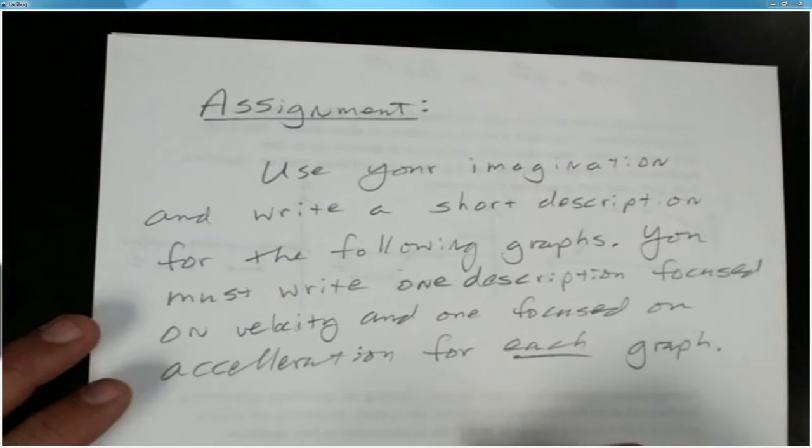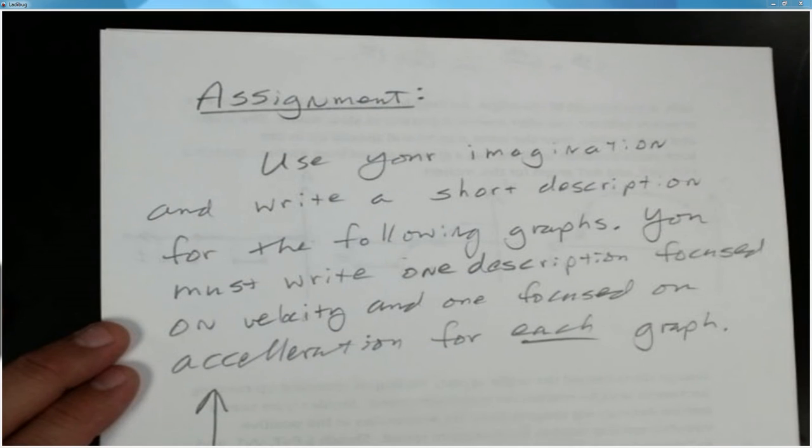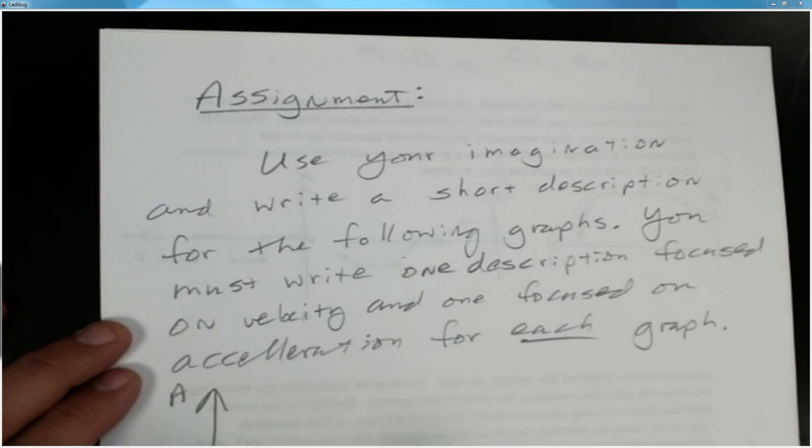So let me show you the graphs. These graphs do not describe the same motion.